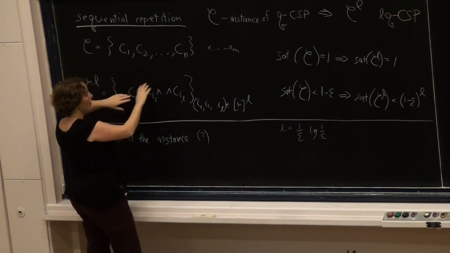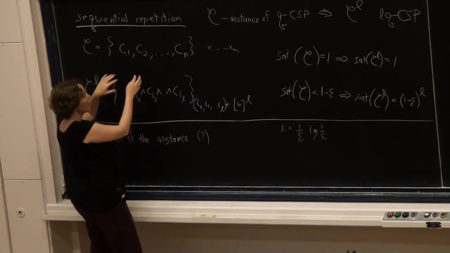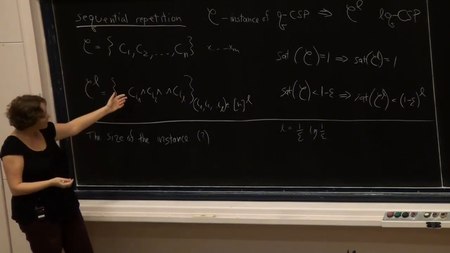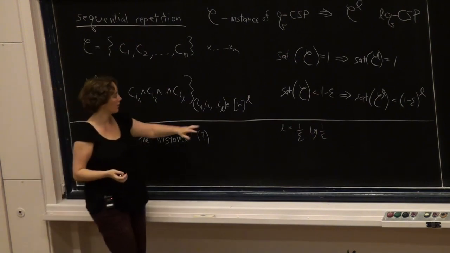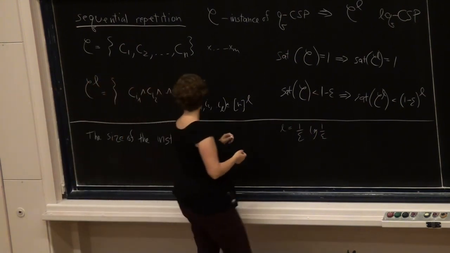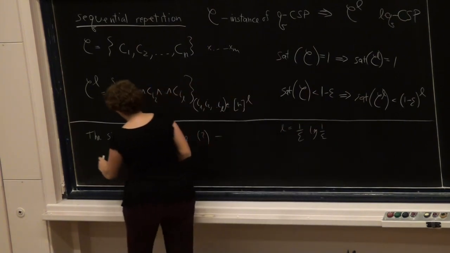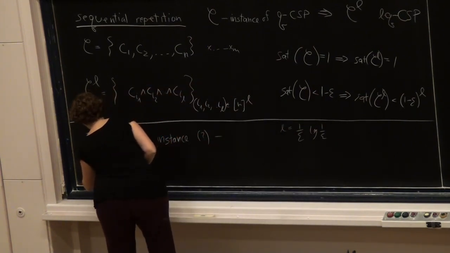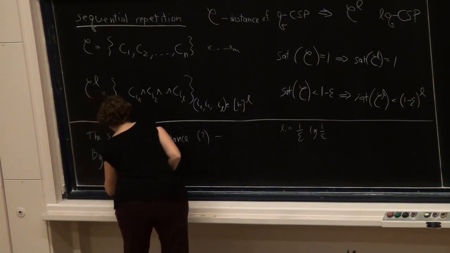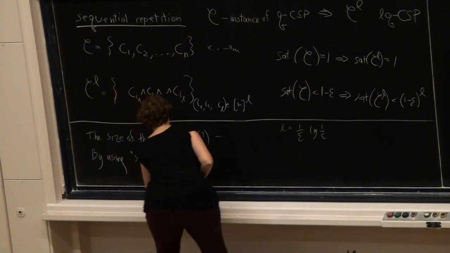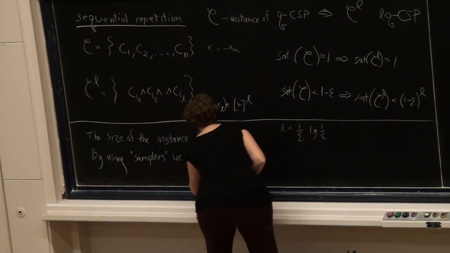So all you need is that your collection of L tuples will hit a set of size epsilon with very high probability. It's easy to do. So, using samplers or hitters, this is called de-randomizing.